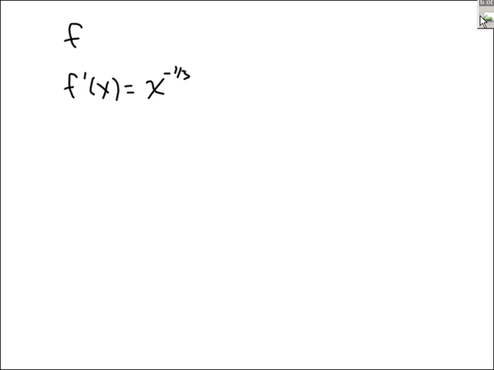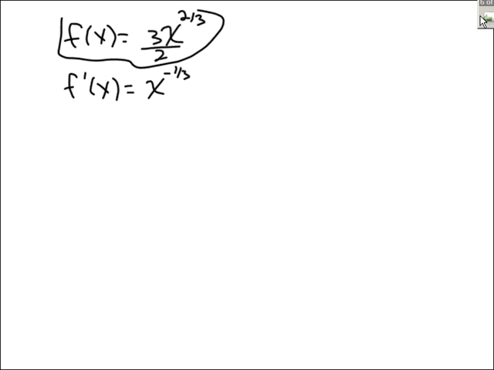For the bracket, that means that the function happened to be x to the 2/3 times 3 over 2. That's the function, 3x to the 2/3 over 2. Take the derivative of this correctly, and I'm telling you, that's what you get.